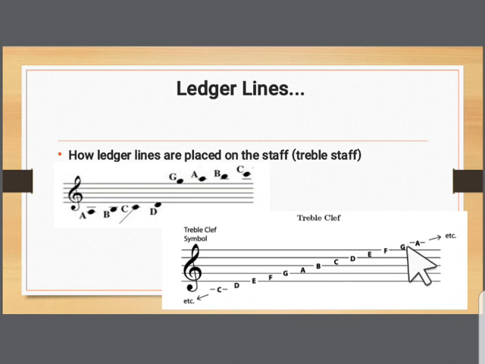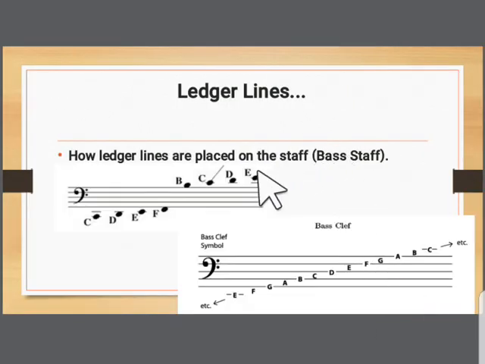The same thing applies here. The fifth line is F, so the space above will be G, A, then B, C, and it continues like that. On the bass staff, the first line is G, so it descends alphabetically: F, E, D, C, and it continues.